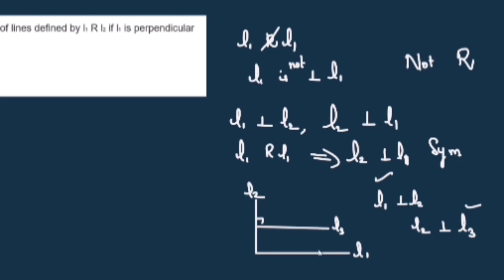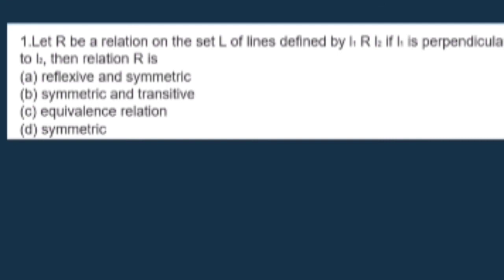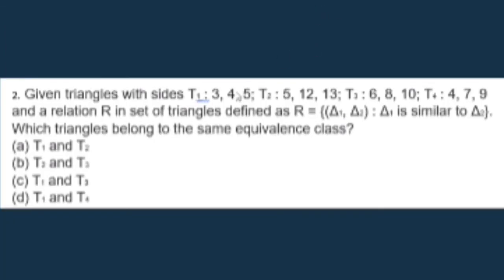They will be parallel. L1 and L3 are not perpendicular, they are parallel lines. So it is not transitive. So what is the answer? What is the option? It is only symmetric. Answer is D.